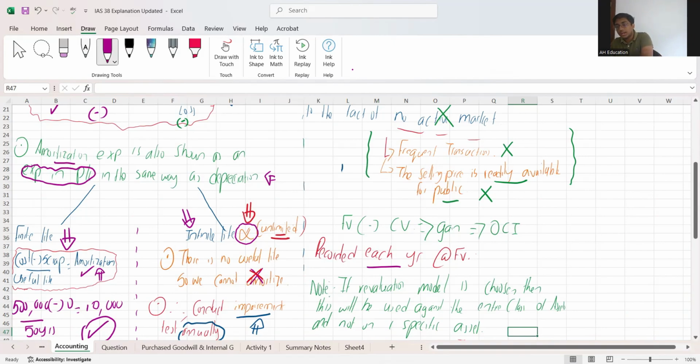If there's a revaluation gain, that revaluation gain will be taken to your other comprehensive income, if you are using the revaluation model. Okay. That is also only if you are able to determine your fair value.